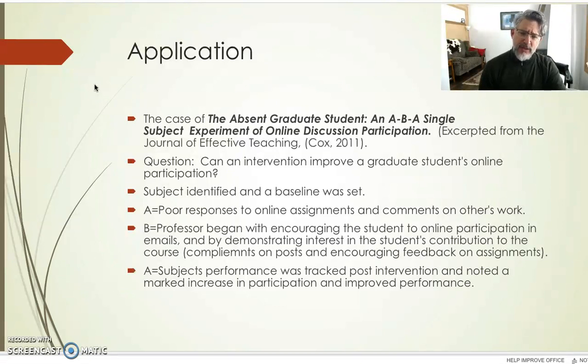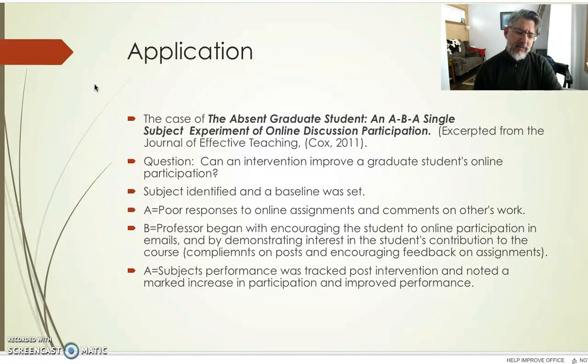The first baseline was poor responses to online assignments and comments on other people's work. Those were the two qualifying behaviors. The intervention was administered over the third. So for the first 3 weeks they monitored the student's behavior.